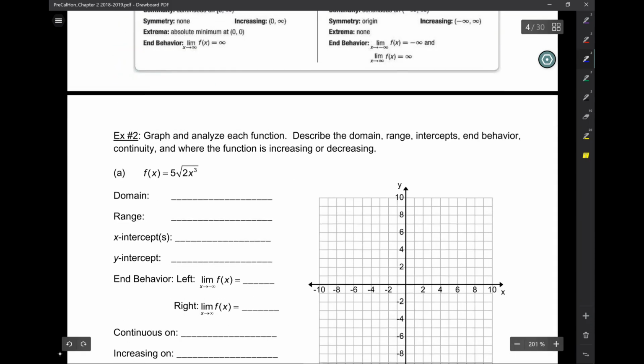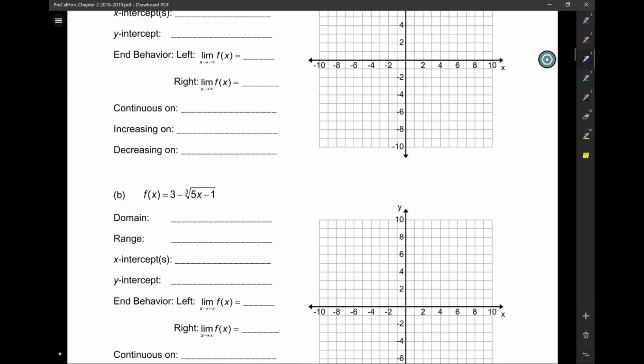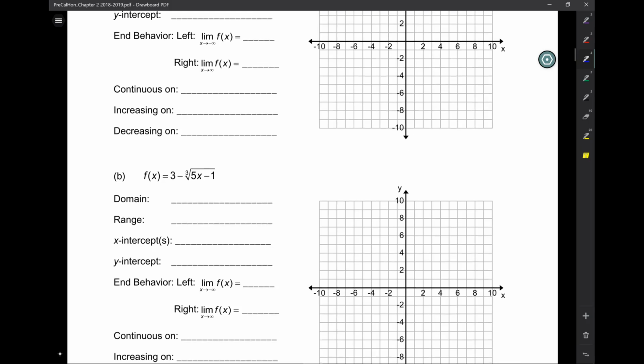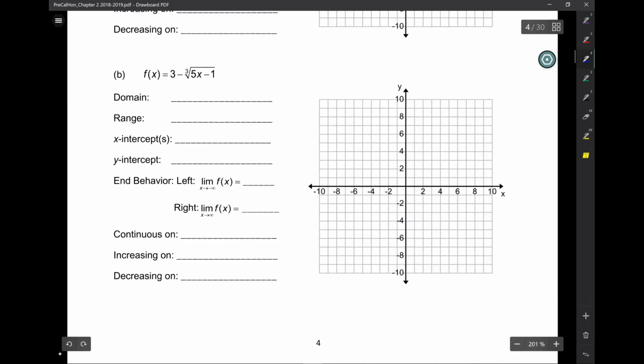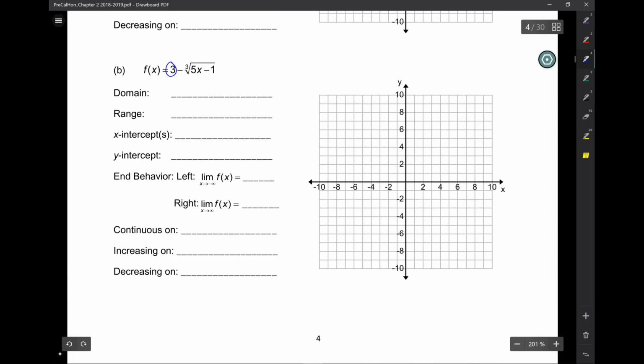All right, so let's take a look at this one. Now, I'm actually going to do B before I do A. B is a cube root function. Now, take a look here. What does this 3 do? It shifts the graph up. What does the negative do? It's a reflection around the x-axis.